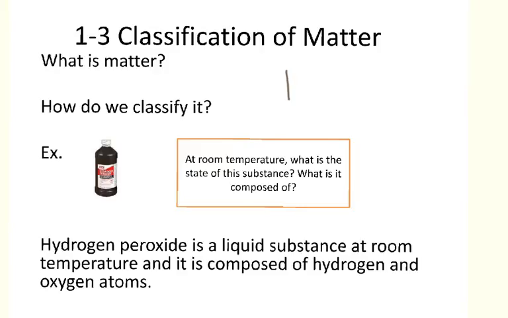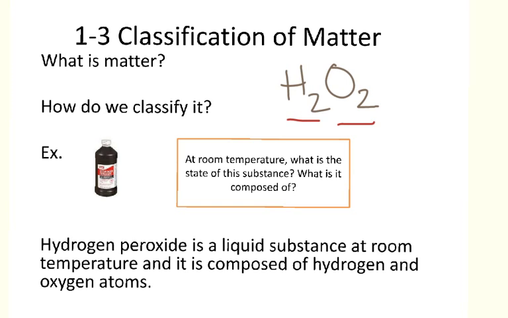Remember that the chemical formula for hydrogen peroxide is H2O2. Now when you learn in Chapter 3 about naming, you'll see that hydrogen peroxide is just a common name. And actually, the most correct way to say it would be dihydrogen dioxide. Anyway, we'll get to that in Chapter 3.